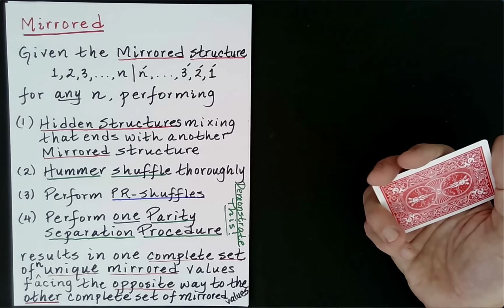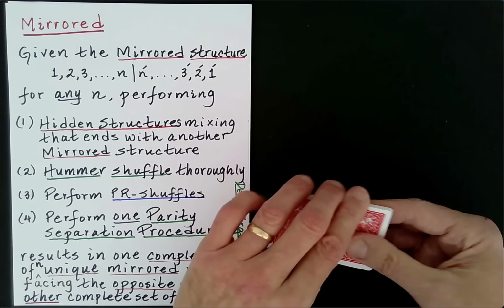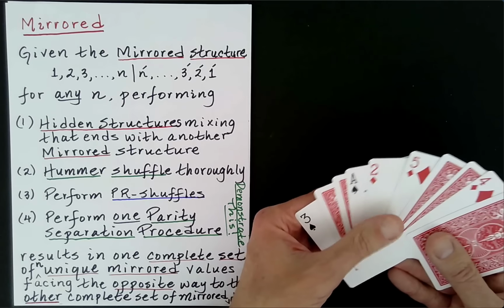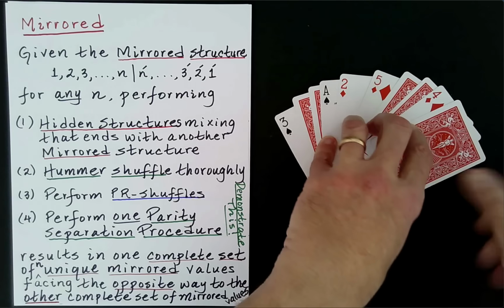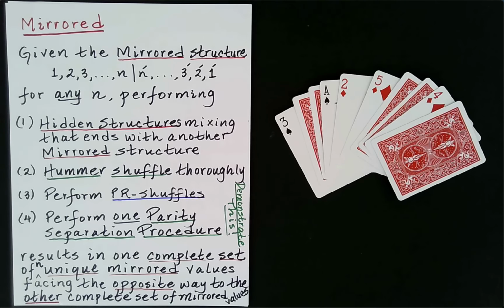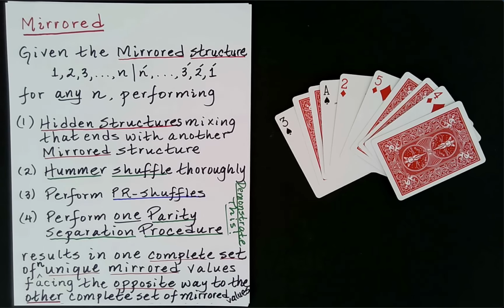Okay, so now what should be the case, if I haven't messed up here, is we have one complete set of 5, 5 unique mirrored values facing the opposite way to another complete set of distinct mirrored values.